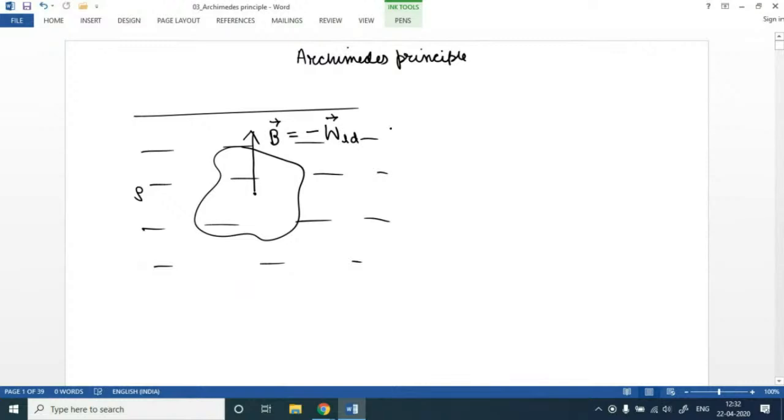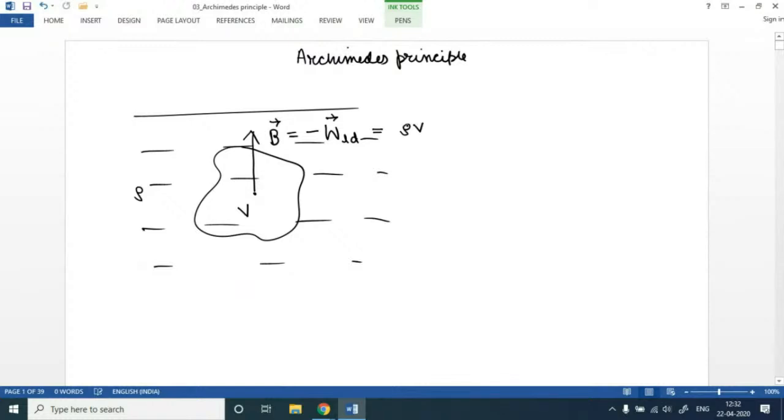For example, in this case, if the density of the surrounding liquid is rho and the volume of this solid is V, since this body is fully submerged, it will be displacing liquid equal to its own volume. So the volume of displaced liquid will be V and the density of liquid is rho.